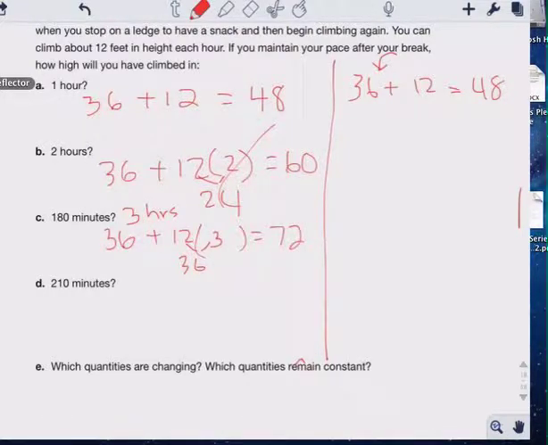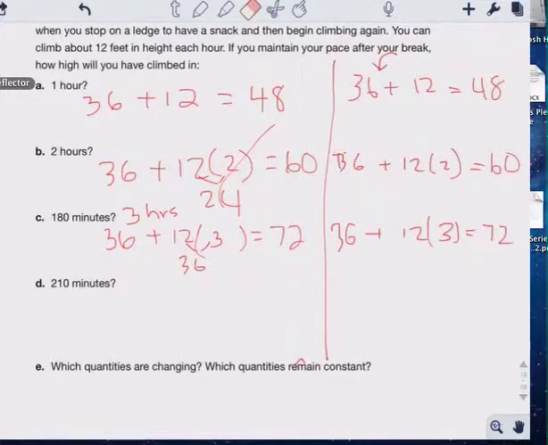And then 36 plus 12 times 2 equals 60. Most of you did add 12 each time, but remember, adding 12 each time is the same thing as multiplying. 36 plus 12 times 3 equals 72.